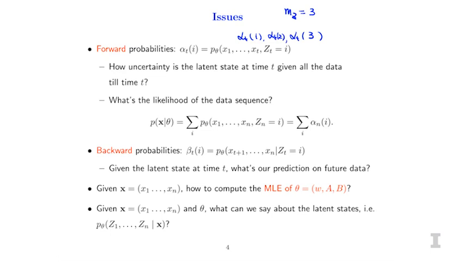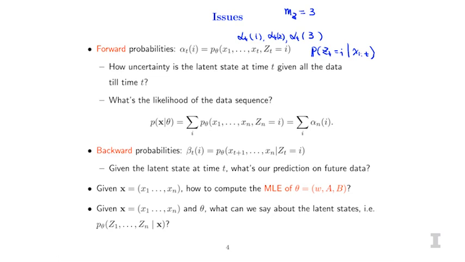If you normalize them, meaning you divide the 3 numbers by their summation, then you get the conditional probability of zt equal to i, conditioning on the data you observed up to time t. So this is an interesting quantity because it tells us the uncertainty of the latent state at time t given all the data till now.